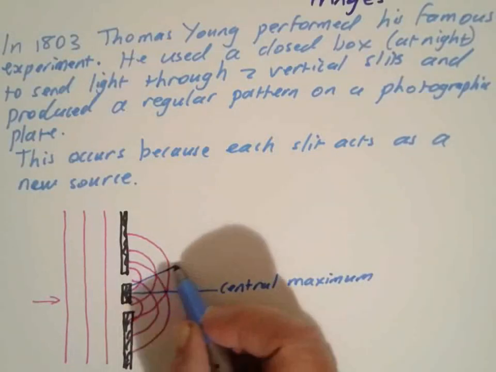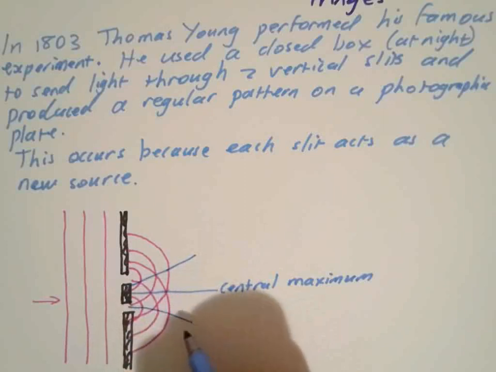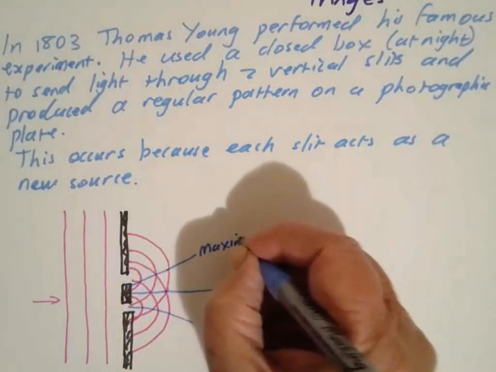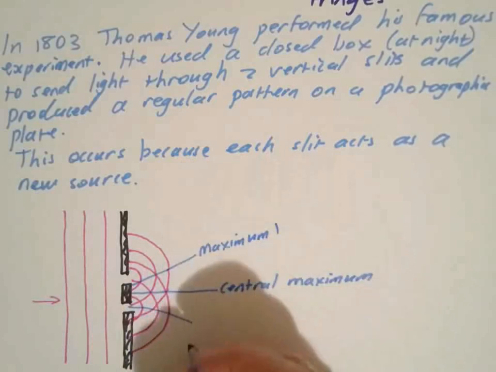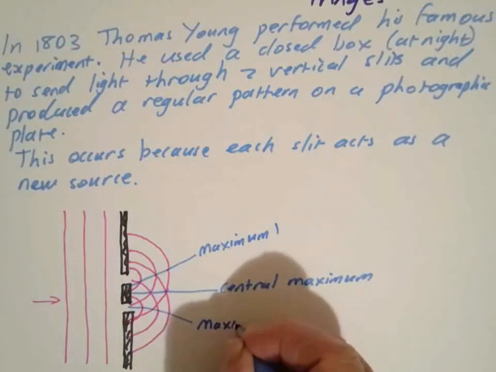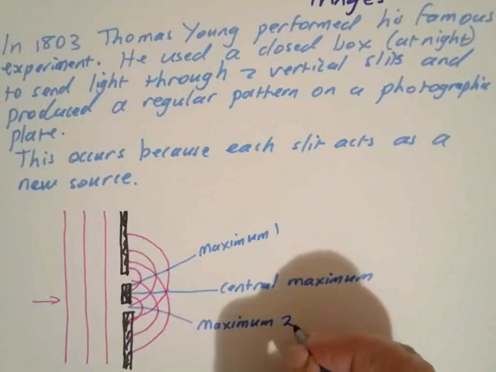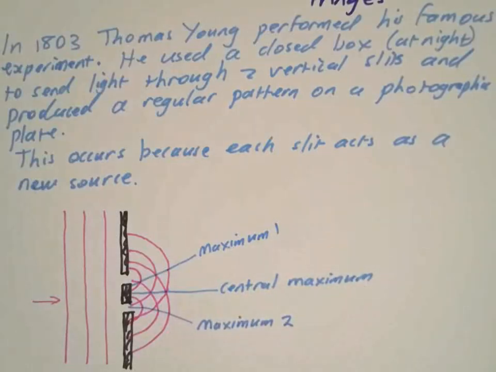And coming out here and here, which didn't work as well on that side, is maximum 1, and on the other side there'll also be maximum 1, but in class we'll have a look at some really correct diagrams that are easier to follow.